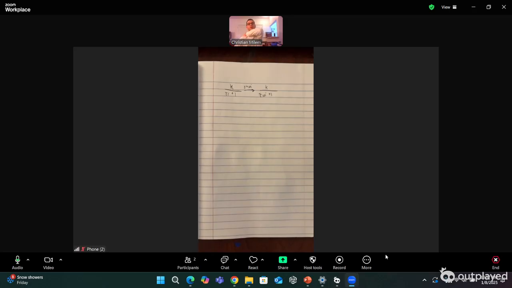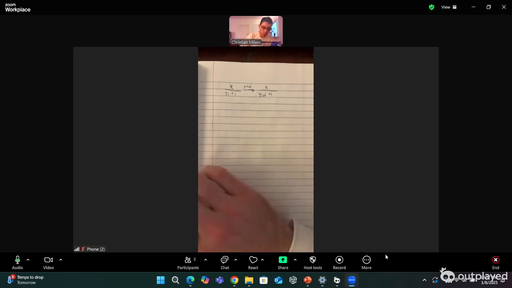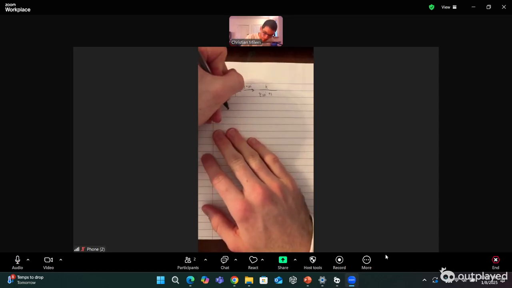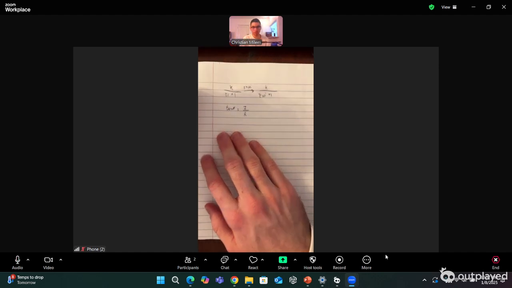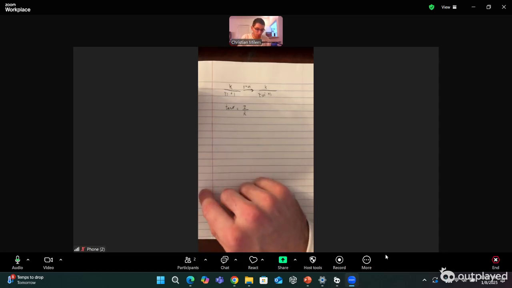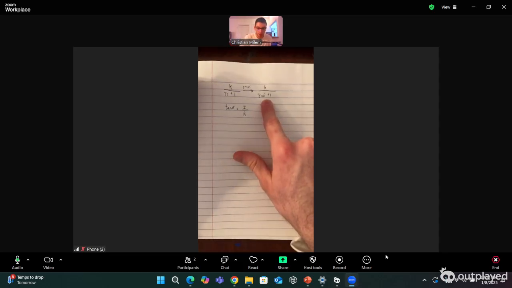Now, we want to eventually get to our phase lag, which means we'll need tangent of phi, our phase lag, which is our imaginary over our real part. So we need to separate this out into our imaginary and our real parts.